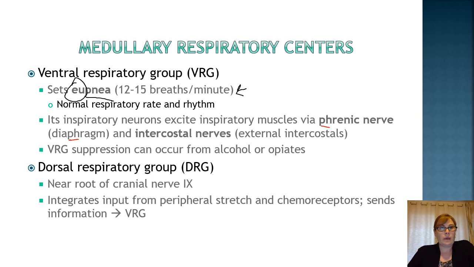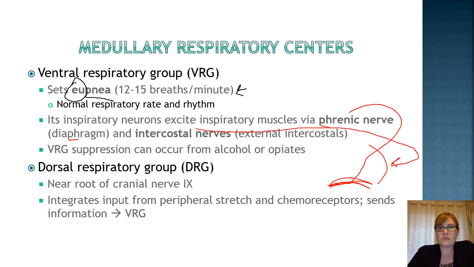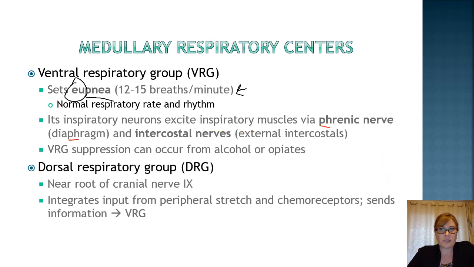So the inspiratory neurons in the ventral respiratory group send signals to the phrenic nerve, which goes to the diaphragm underneath the lungs, and then to the intercostals around the sides of the lungs. Together these pull the diaphragm down and raise the rib cage out, and we enlarge the chest cavity.